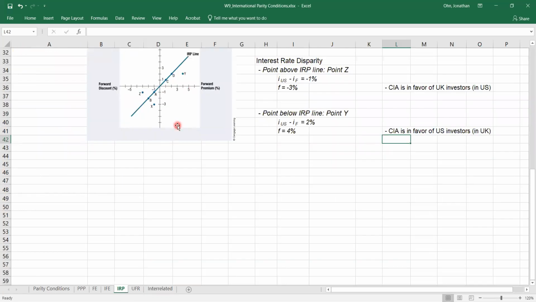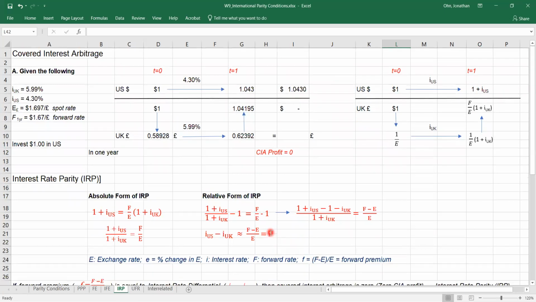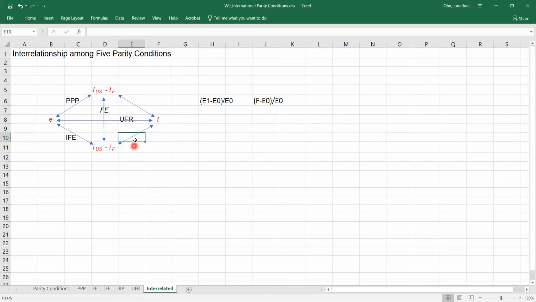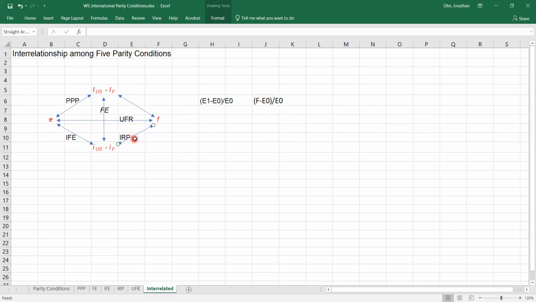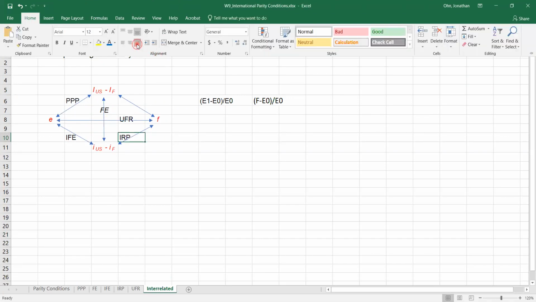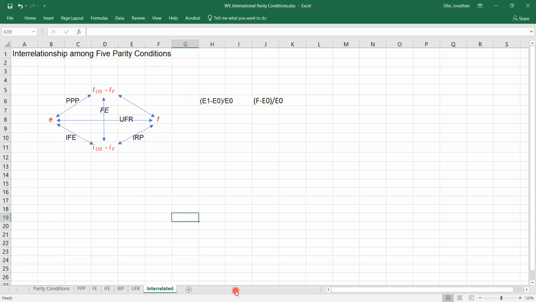If you look at this one here, forward premium should be equal to relative interest rate. You see that? So this forward premium and this one are connected by the interest rate parity condition.